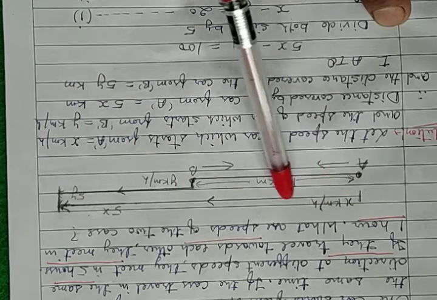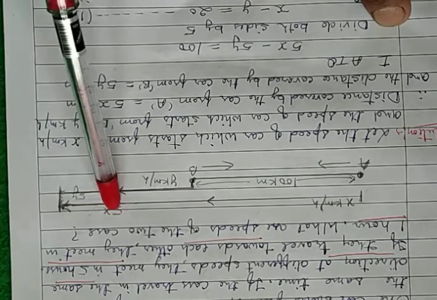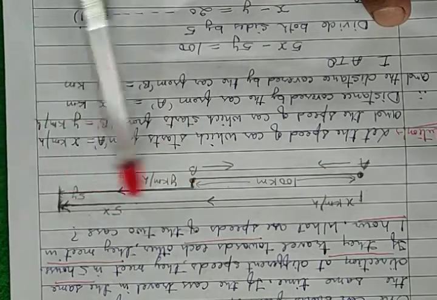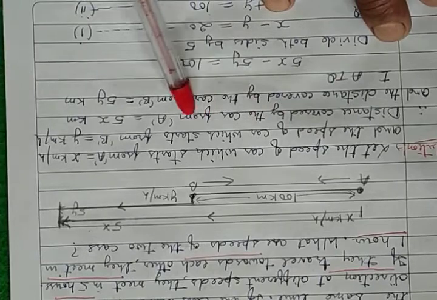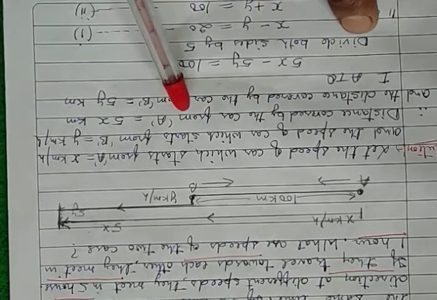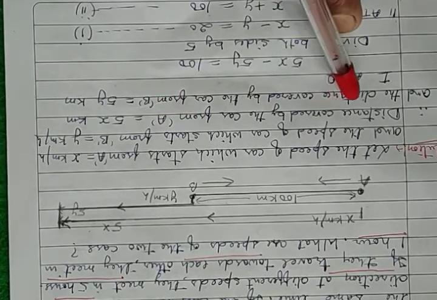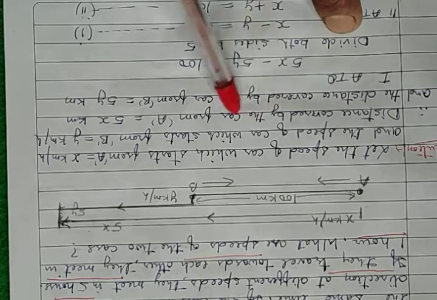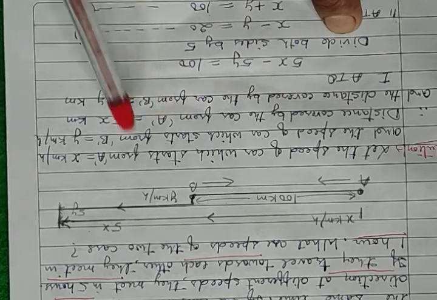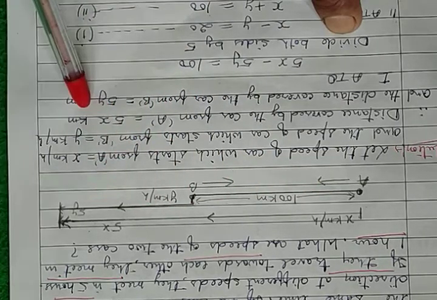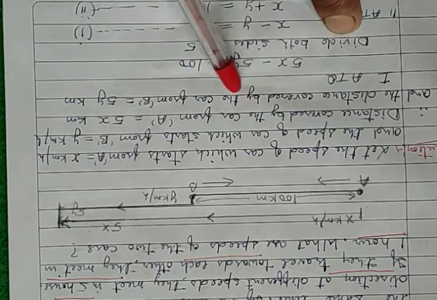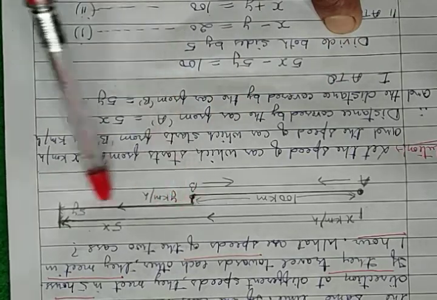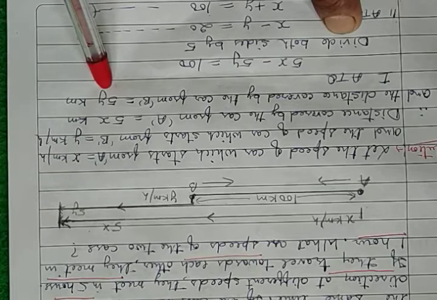For how many hours is it traveling? It is traveling for 5 hours. Distance covered by the car from A is 5x kilometers, and the distance covered by the car from B is 5y kilometers.